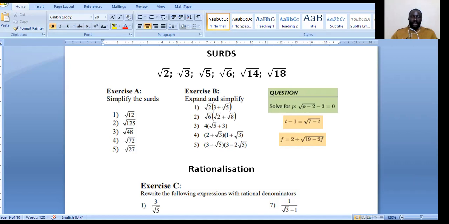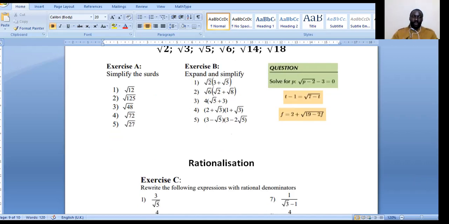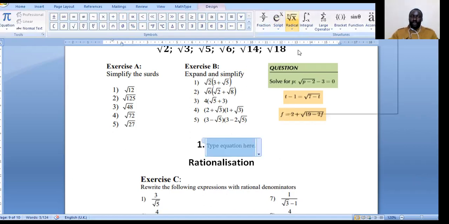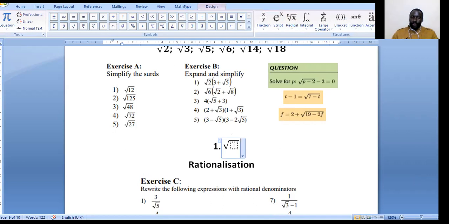In other words, the square root of 12, as question 1, can be written as the square root of 2 times 6, because 2 times 6 is 12. We could also write it as 3 times 4, or 4 times 3.